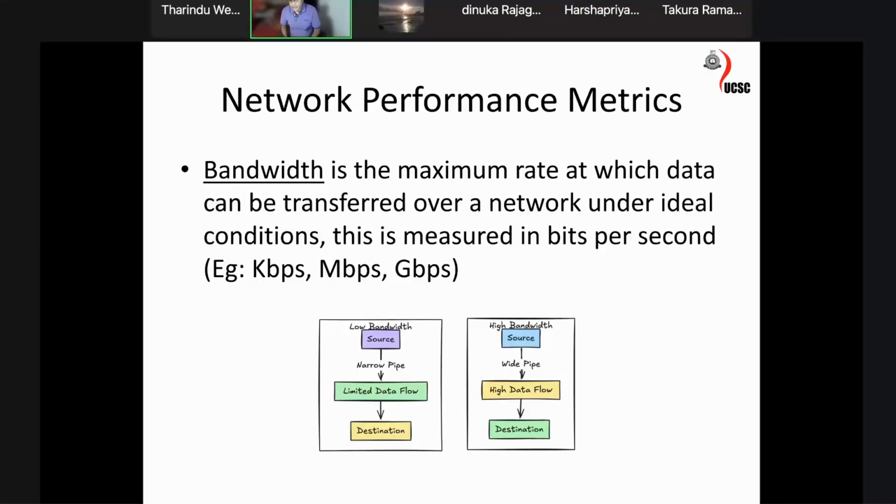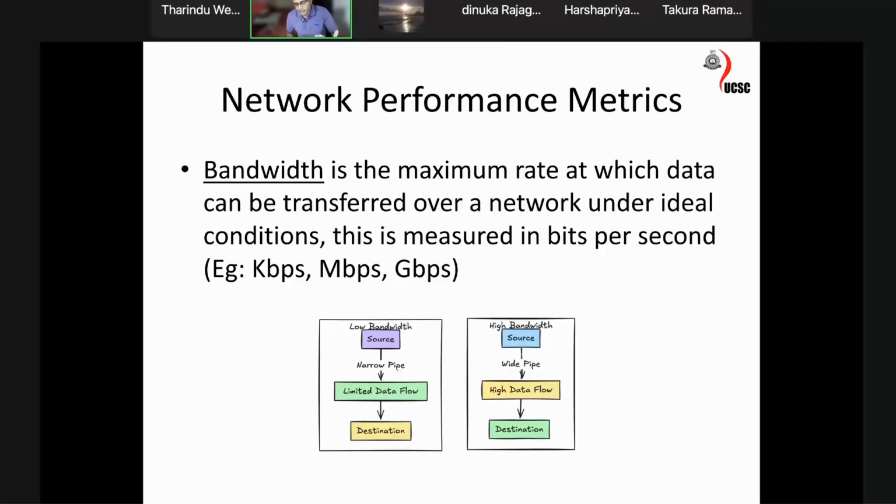Specifically, you need to understand that bandwidth is measured in bits, not bytes, because there is something called serialization. When you're working in a machine or computer, it's usually operated in bytes. But when you're transferring data to a network, it's converted using a process called serialization, a conversion from bytes to bits.